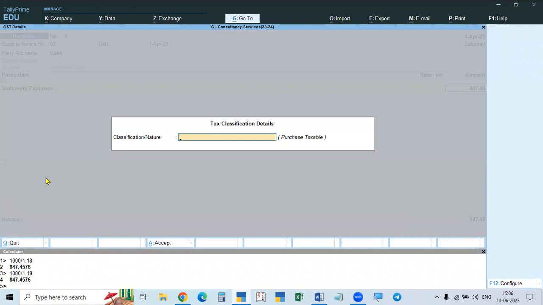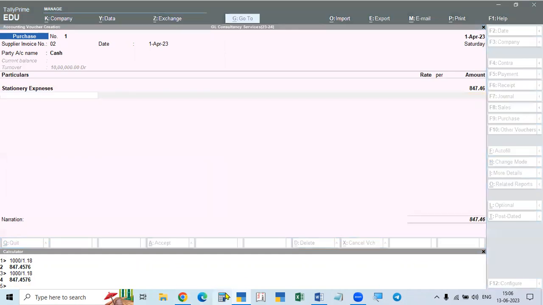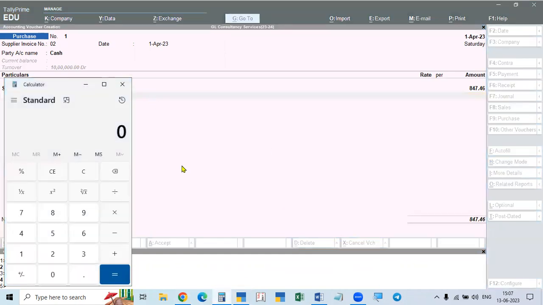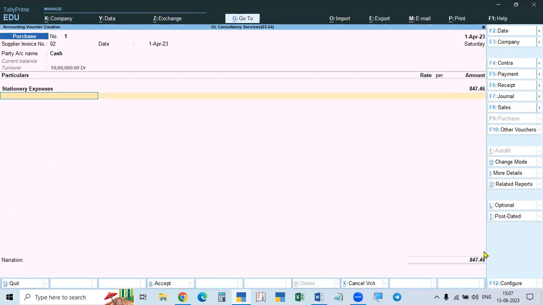If you click there, see, automatically this is purchase taxable, and the expenses show 847.46. That is the same amount as when we calculated 1000 divided by 1.18. It is rounded off, as decimals are 2 only for rupees. So like this, we have to calculate the inclusive rate, instead of using manual calculation.